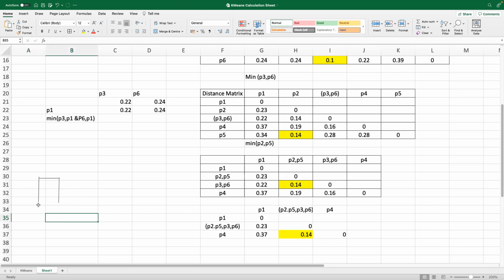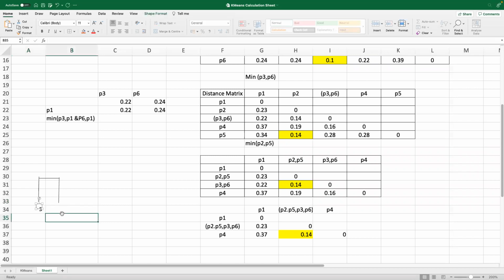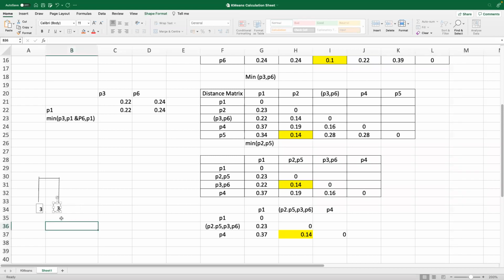See here, this would be 3 and 6. The first cluster is 3 and 6, right?